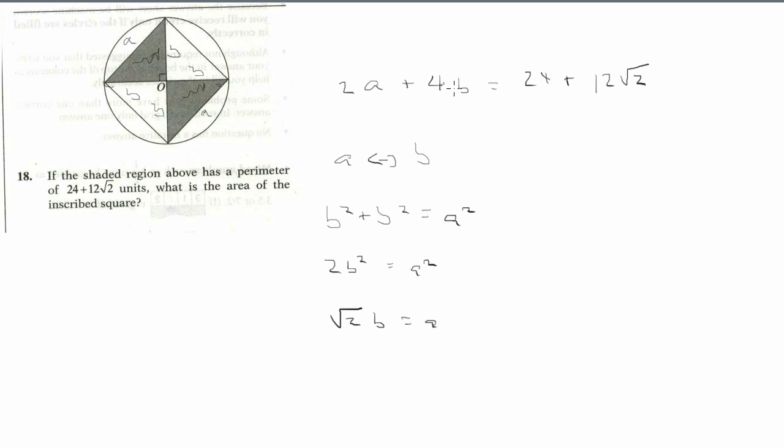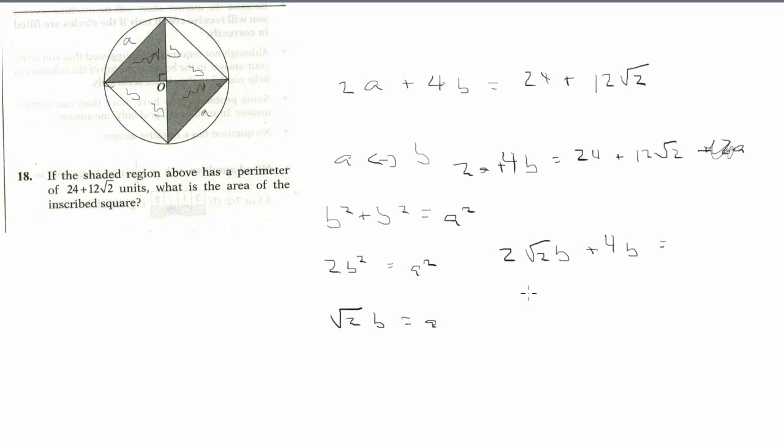Okay, so let's take that back up here, so that we will solve for b, because we're going to need to have b, because we need to do pi r squared, and the radius is b. So if I want 4b equals 24 plus 12 square root of 2 minus 2a, actually, scratch that, 2a I happen to know is 2 square root of 2 b, so 2 square root of 2 b plus, forgot the plus here, plus 4b equals all of this.